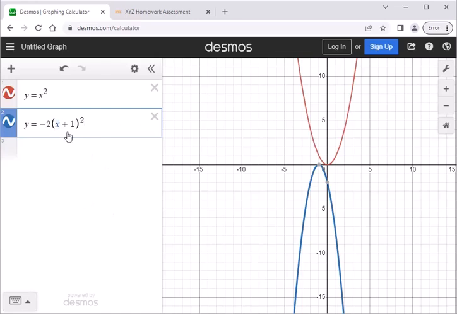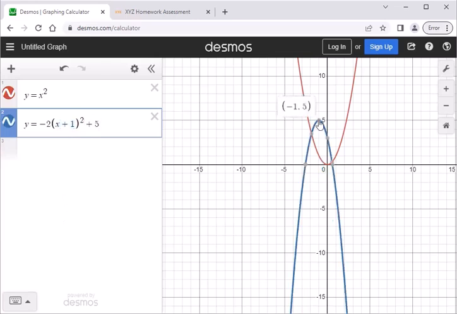So that will move it left or right if you add something inside of parentheses. Then if you add something outside of parentheses, that will move it up or down. And that one is not opposite, it just shifts it up or down because you're essentially taking this calculation and then you're adding 5 to it, which shifts it up.